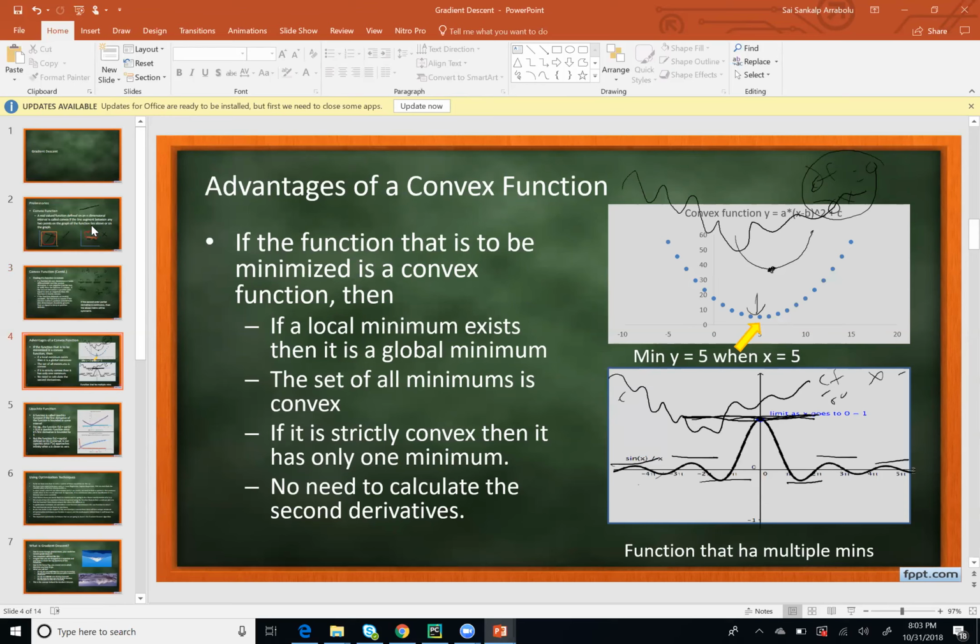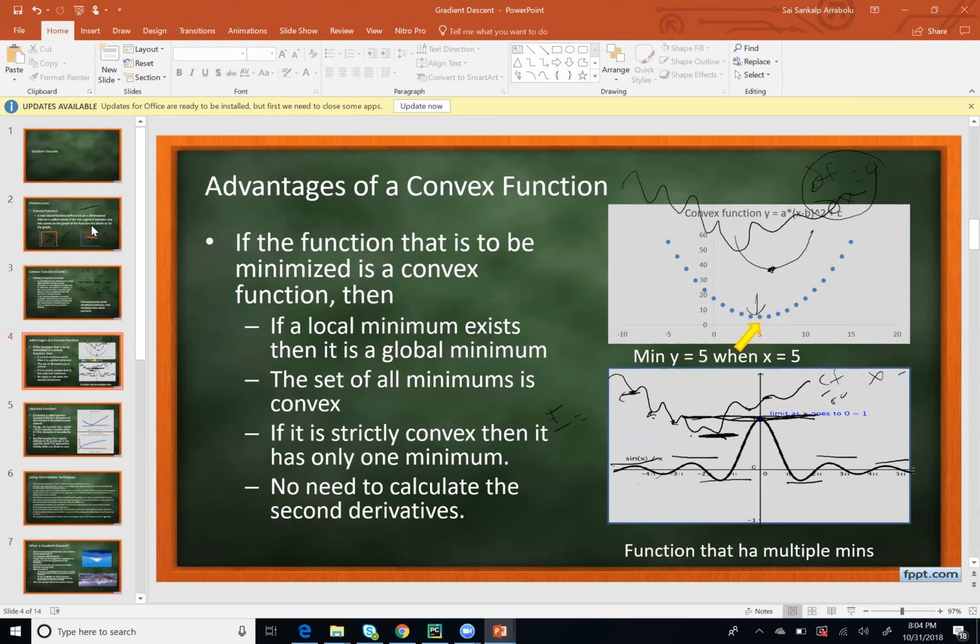Let's say this is our error function. Now if this is supposed to be minimum, I have to find a value for which error is minimum, which is here. But if it is like this, every time I differentiate, if I find this value, this value, this value, I won't know which is my minimum.